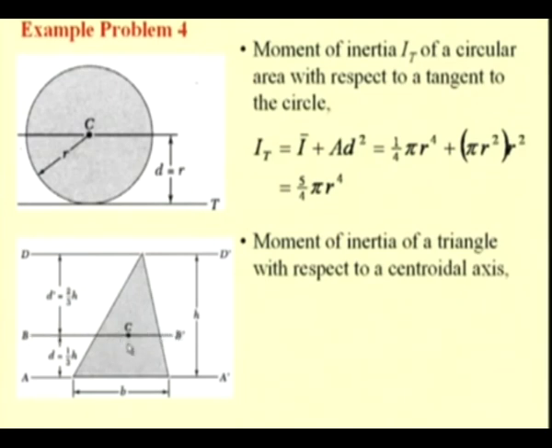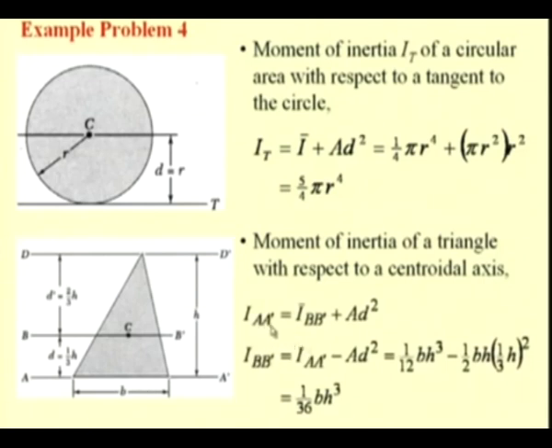We know the centroid for this triangle is situated at 1/3 of h from the base, and if we know the moment of inertia of this area with respect to this axis, then we can find the second moment with respect to this AA prime axis.